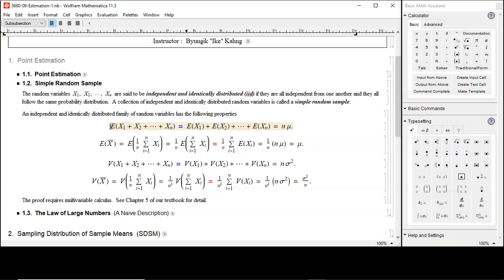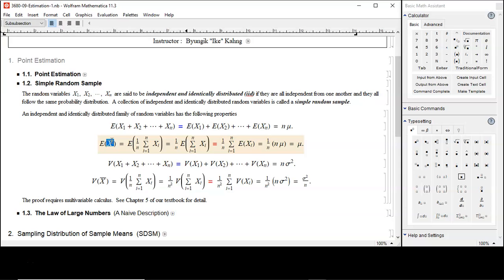Now, these are not just independent, but also identically distributed. So all these expected values, EX1, EX2, all the way to EXn, are all the same mu, so we have n times mu. Now from here, divide by n, then we get this.